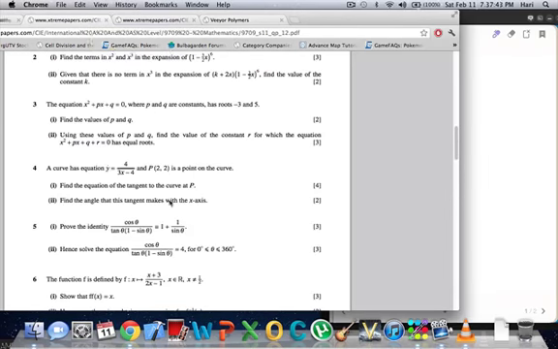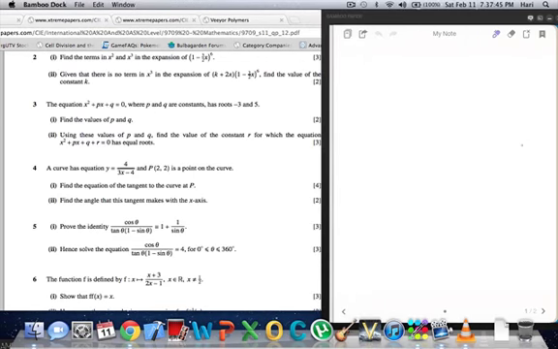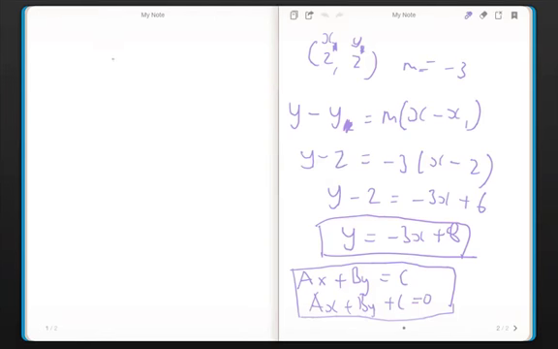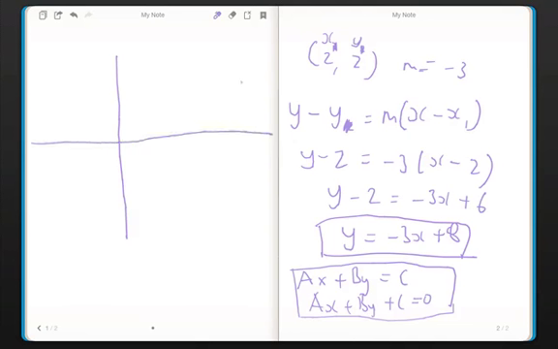Find the angle that this tangent makes with the x-axis. So what I would do is draw a diagram. Correct? We have our y-axis here. We have our x-axis here. We have a tangent with slope minus 3 going through (2, 2). So (2, 2), which is here.